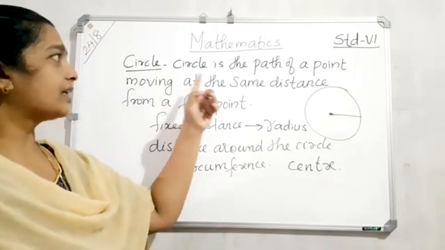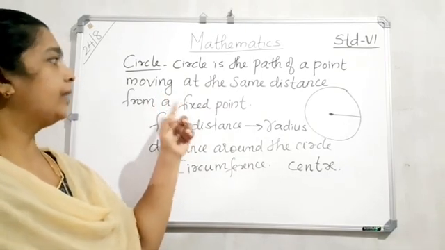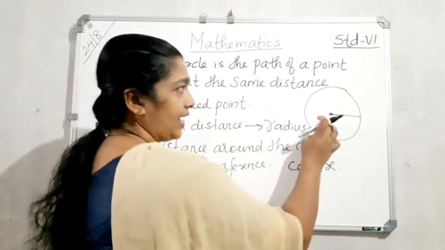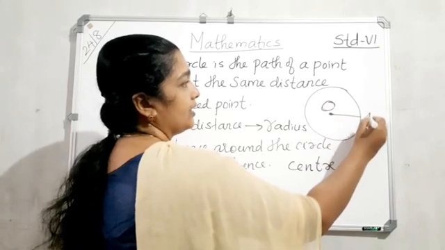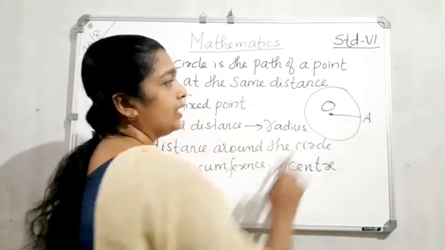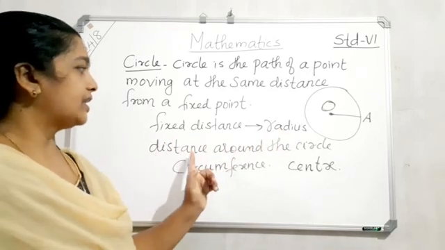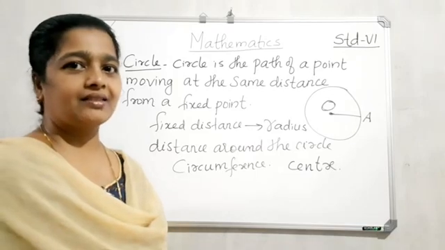Circle is the path of a point moving at the same distance from a fixed point, and this point is known as center. We can represent here O, then A. So, radius is OA. The distance around the circle is known as circumference.